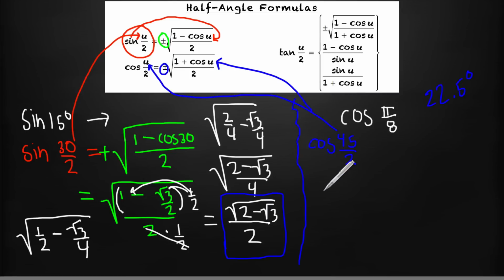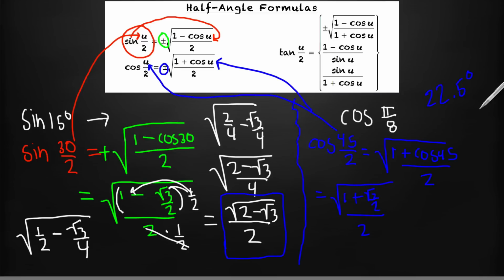So it's going to be similar to the last problem. It's going to be equal to the square root of 1 plus the cosine of 45, over 2. Cosine of 45 is root 2 over 2. So 1 plus root 2 over 2, divided by 2.